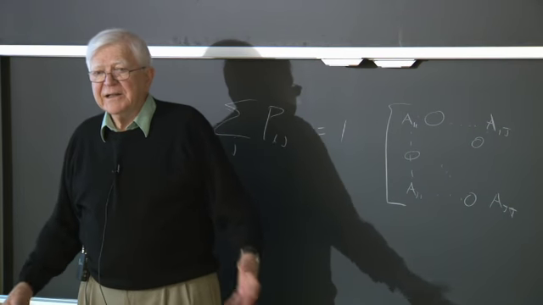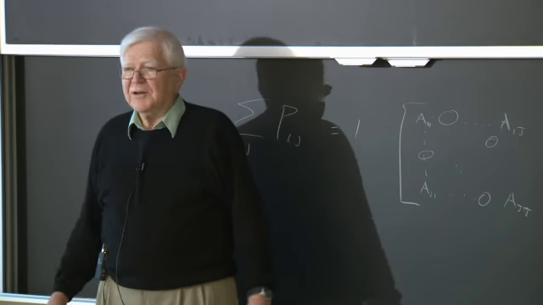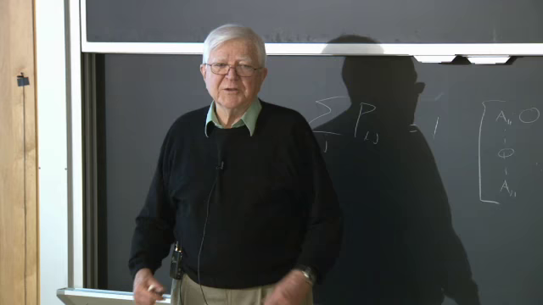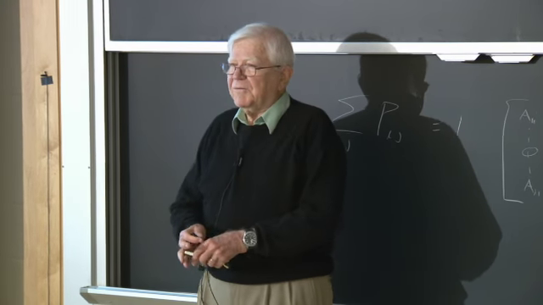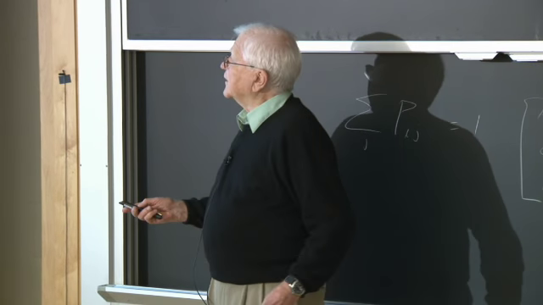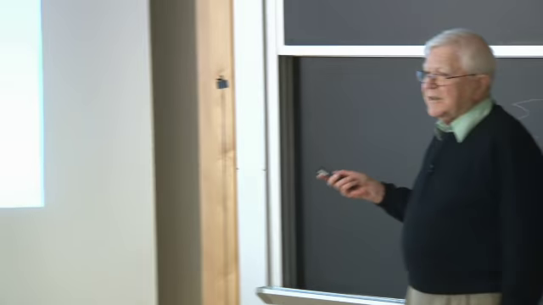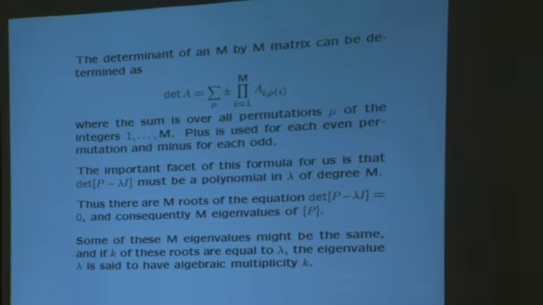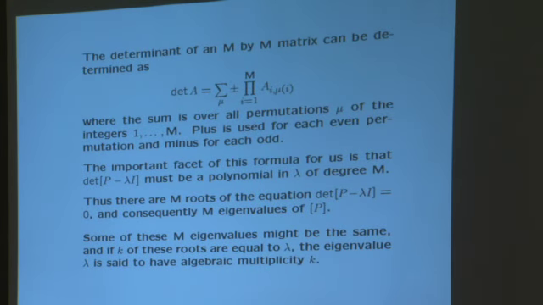If you've studied linear algebra and you're at all interested in computation, the first thing that everybody tells you is that this is a god-awful way to ever compute a determinant, because the number of permutations grows very, very fast with the size of the matrix, and therefore you don't want to use this formula very often.